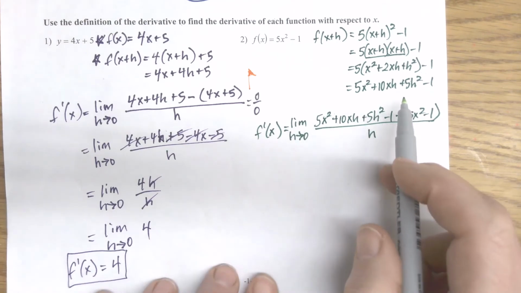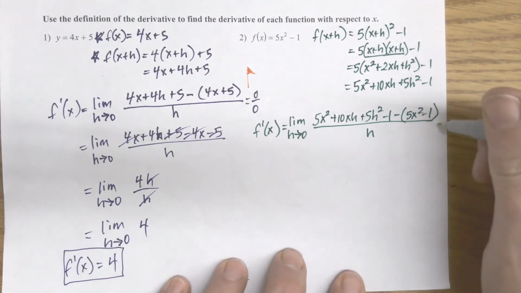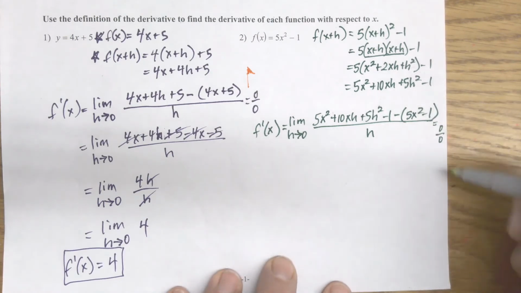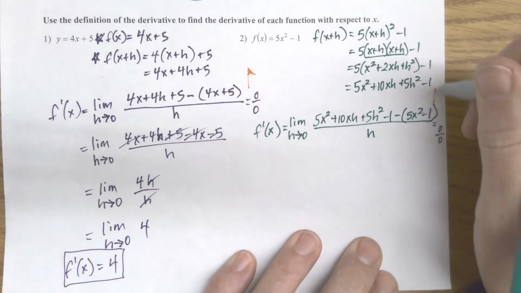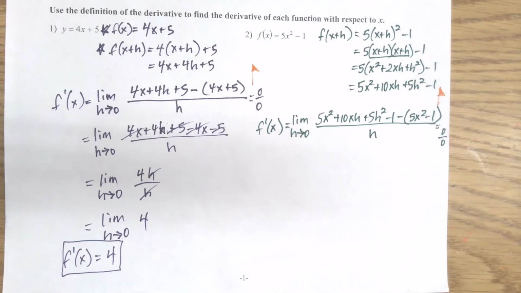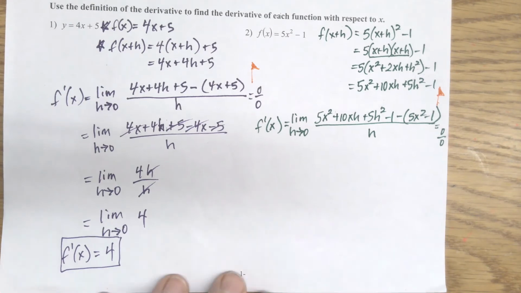And again, if I take my limit, I'm going to end up with 0 over 0, which remember raises a red flag, something's wrong with that. So I'll do a little bit of cleanup.